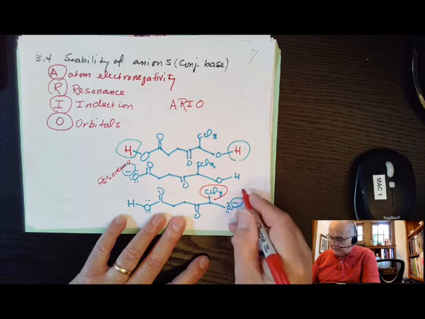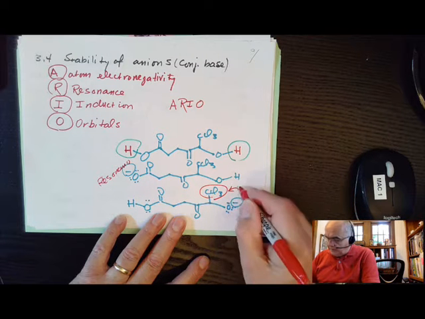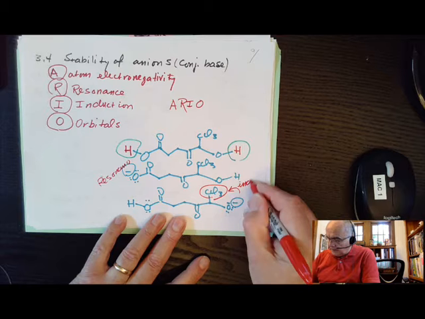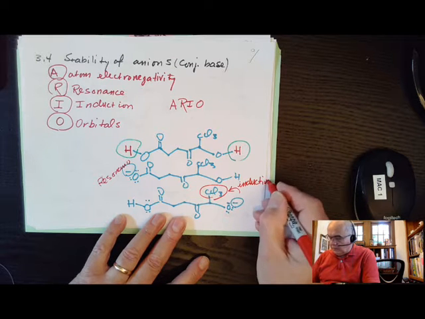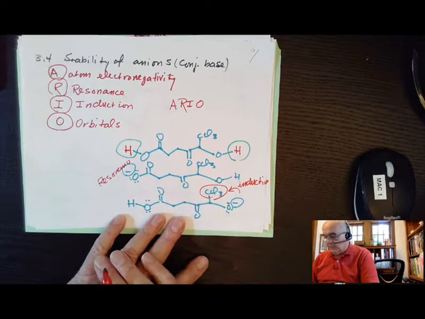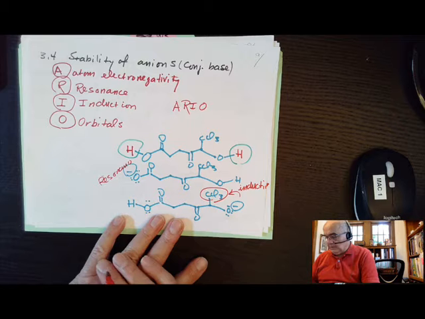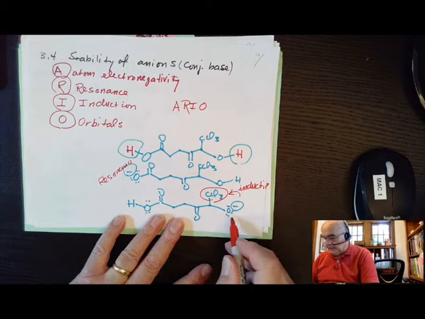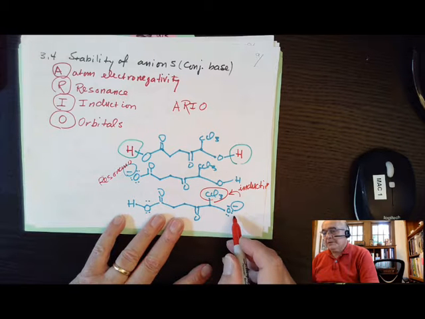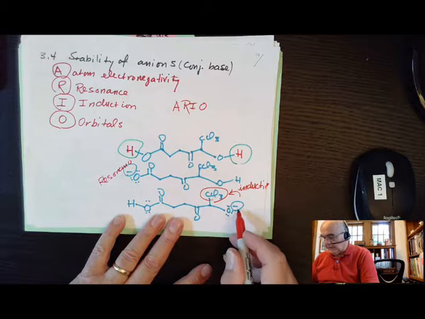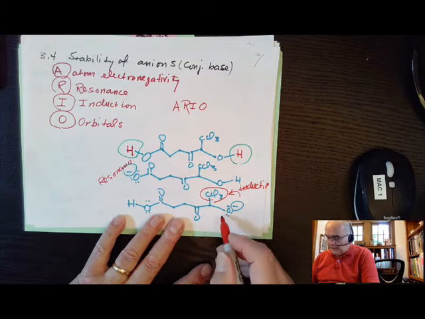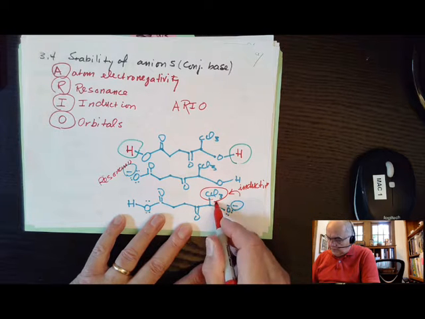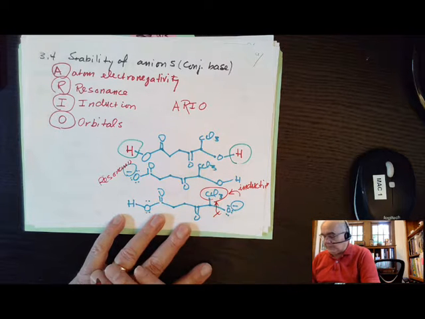So we call this the inductive effect. It means that chlorine is going to help make this negative charge on oxygen a little bit easier. It carries the negative charge away from the oxygen, and it helps the oxygen to be more stable.